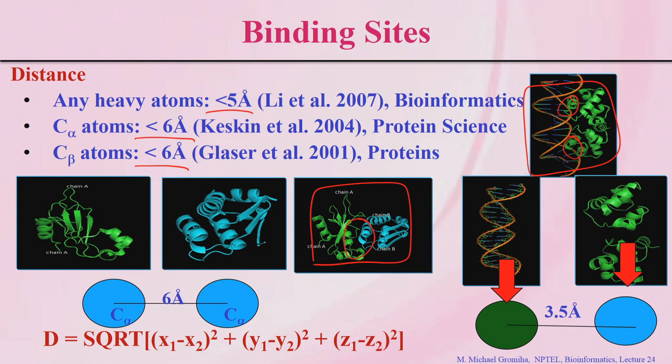You can use different criteria. If you understand the binding site residues and the type of interactions, which one will be better, which gives the best data: C alpha, C beta, or any heavy atoms? Any heavy atoms, because if you want to see the electrostatic interactions, there are interactions between the atoms.